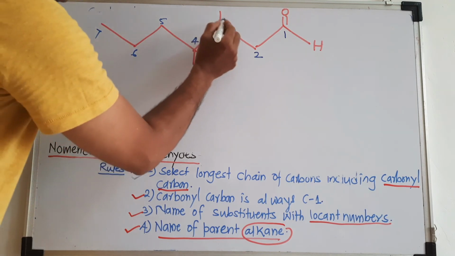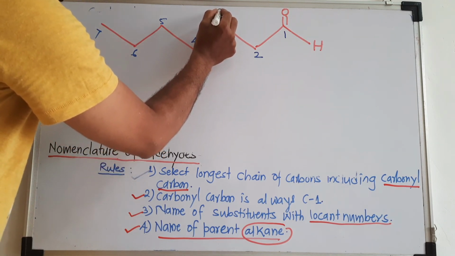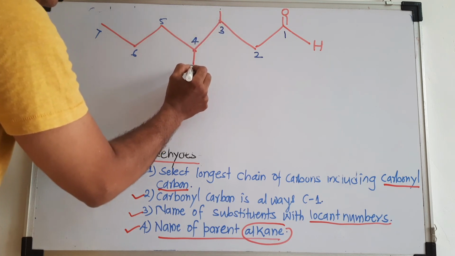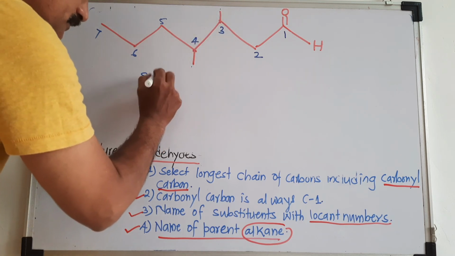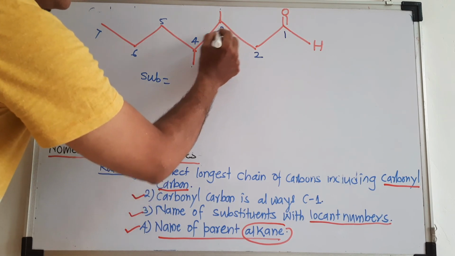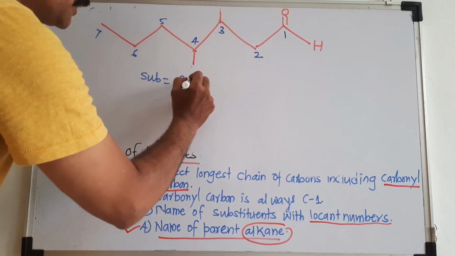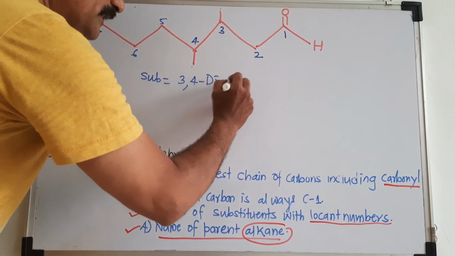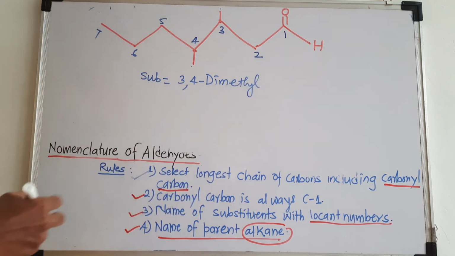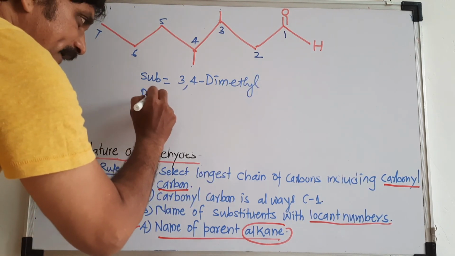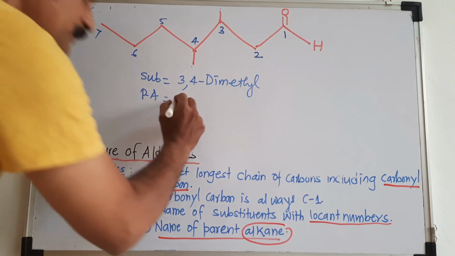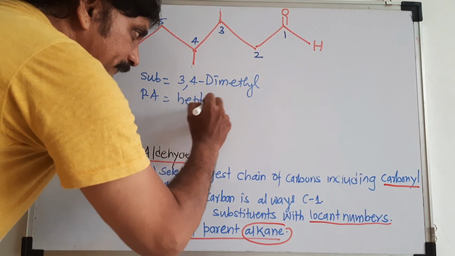There are two substituents. One is present at carbon number 3. So this is methyl and this is again methyl. So the substituents are what? Along with their locant numbers, this is 3,4-dimethyl. Now the parent alkane: since there are 7 carbons, the parent alkane is heptane.